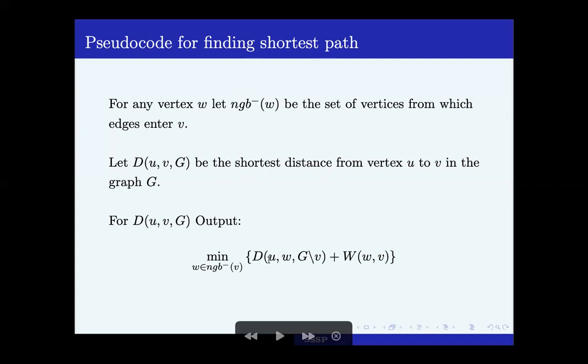What is the shortest path from U to W in G minus V? And once you go from U to W, then I'll add the price of W to V, and that would be the shortest path between U to V going through W. And if I take the minimum over all possible W's in the neighborhood of V, I would have got it.